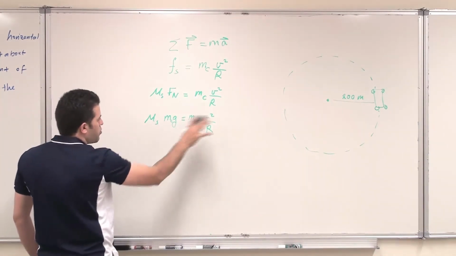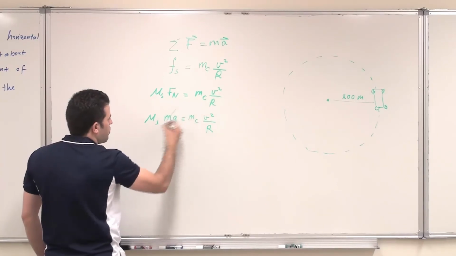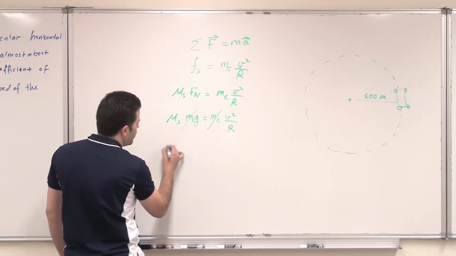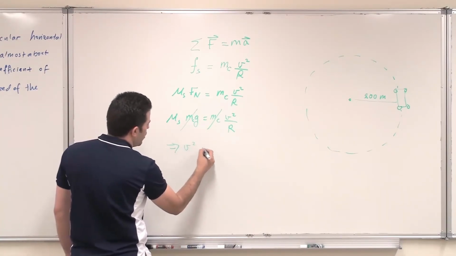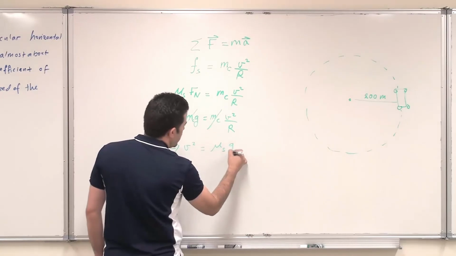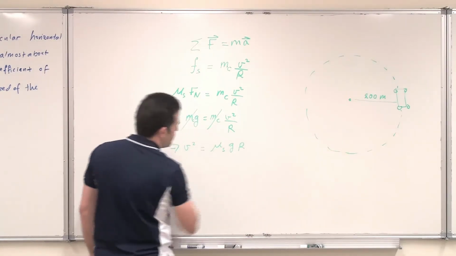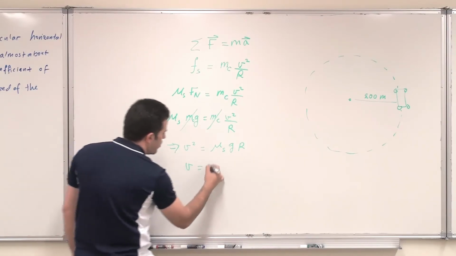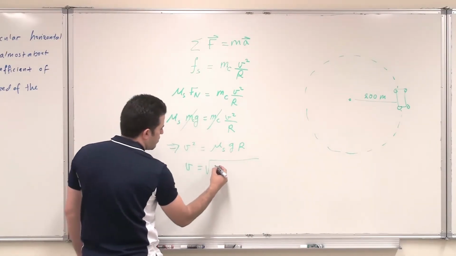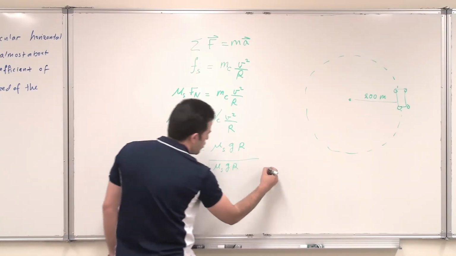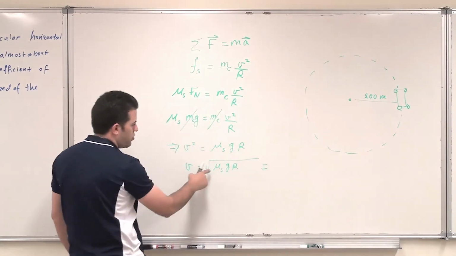Clearly, this question is independent of the mass of the car, so we can cancel it out. And then v square should equal mu s multiplied by g multiplied by r. Then v should equal the square root of mu s g r. So I can substitute for all these values.